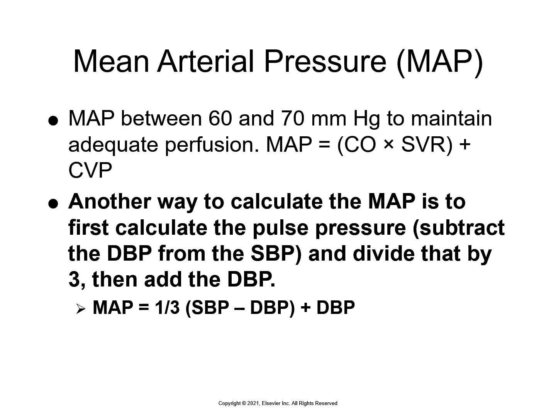So here's your equation: MAP equals 1/3 of the systolic blood pressure minus the diastolic blood pressure, plus the DBP, the diastolic blood pressure. You will be asked to calculate one of these, or to answer a question related to it, so you need to know how to calculate it. So learn this, please. Thank you.